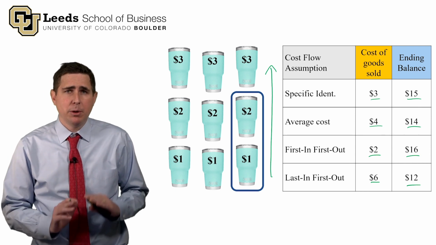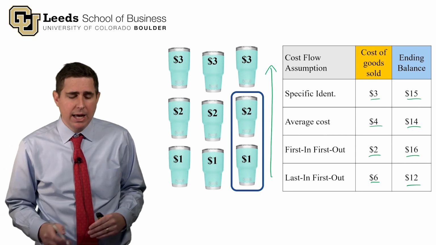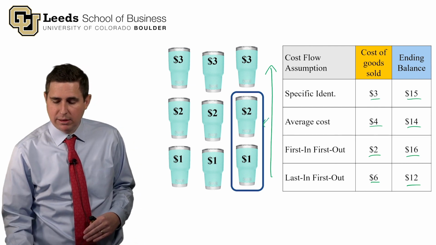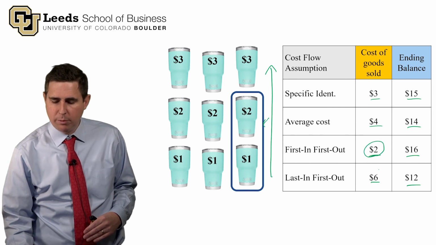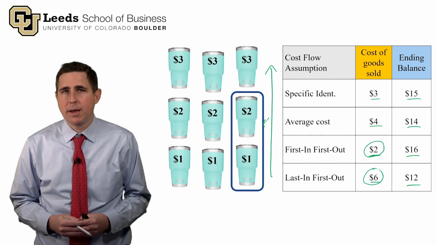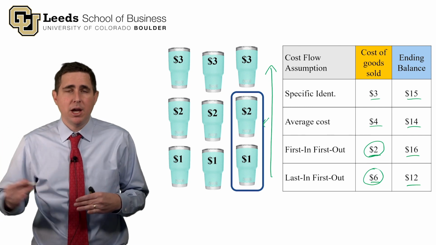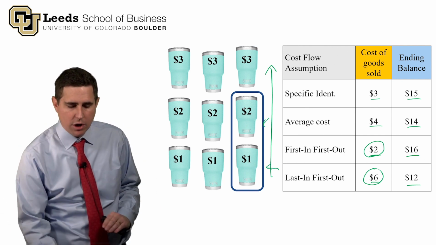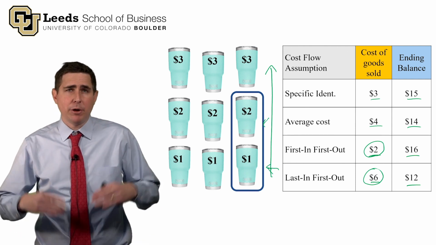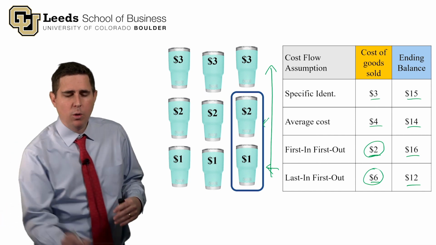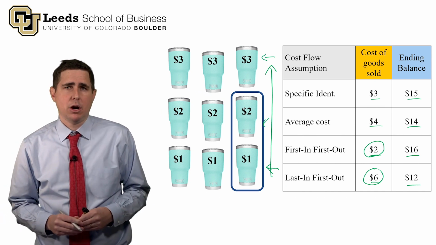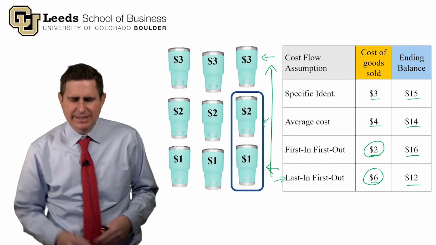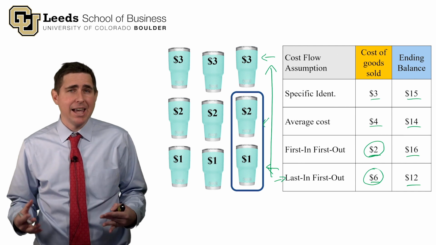If input prices are increasing over time, and as long as you're not selling more than you purchased, then it will be true that the FIFO cost of goods sold will be lower than LIFO cost of goods sold, okay? Because if input prices are going up and you're using FIFO, well then those small early costs are going into cost of goods sold. If input prices are going up and you're using LIFO, well then those high later costs are going into cost of goods sold. Why would a company want to use LIFO? It seems like it's making cost of goods sold really high.